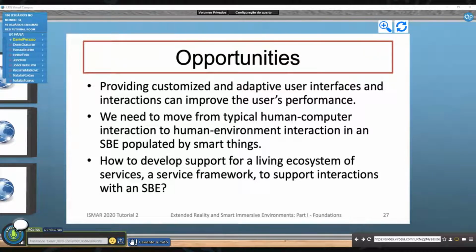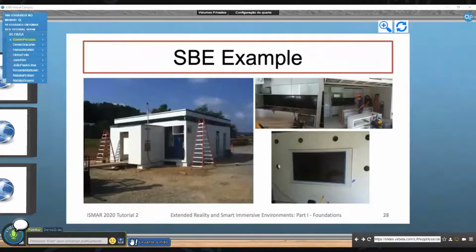So therefore, the smart built environment needs to support the living ecosystem of services, and for that we need a service framework that will support interaction. So in order to understand it better, let's look at what it means to create a smart built environment. Here is an example of smart built environments, Virginia Tech Solar House, FutureHAUS, and what the process is.